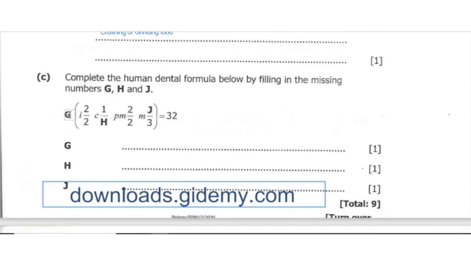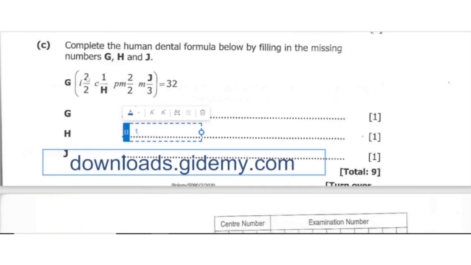The value of G is 2. H down here is 1. And so we are saying the number of canines here is on top 1 and down 1. Okay, so we have written 1. Then we come to J. So J is also 3 on top and 3 down.